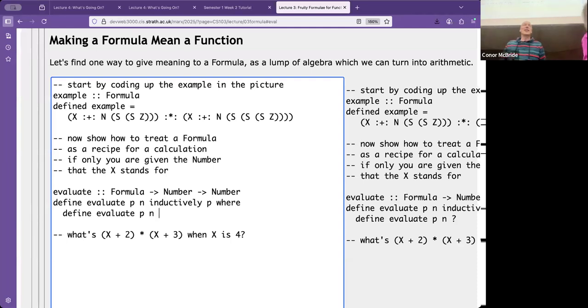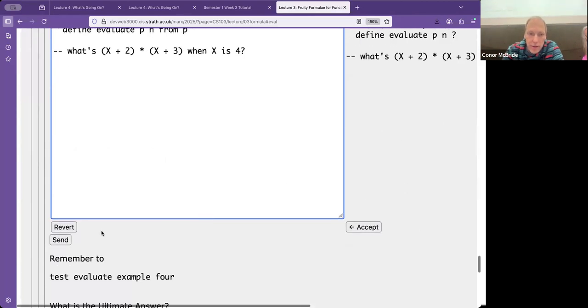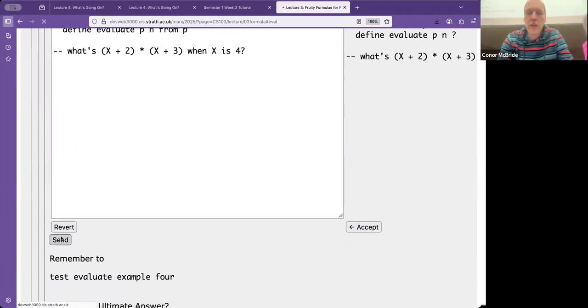So these different fruit turn into different constructors of the data type, which have to be textually different. So when Clemens sends from P, remember, in a program or in a proof, from is short for where does this come from? And what use is it to me?